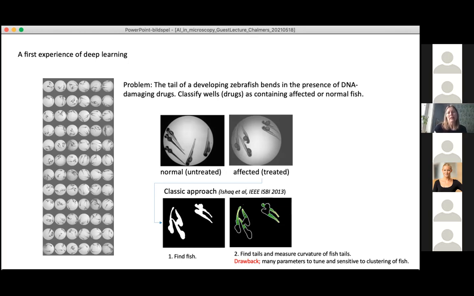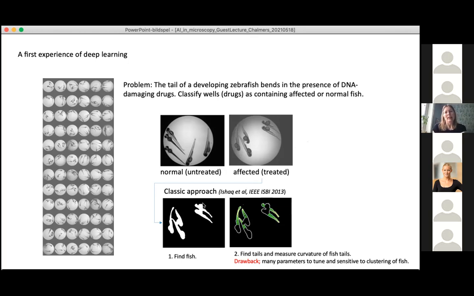In this case, our collaborators told us that the effect that we're looking for is the bending of the tip of the tail. You can see in these fish, the tail is straight, and here we see a slight bending. And as I said, we had already approached this problem once before.